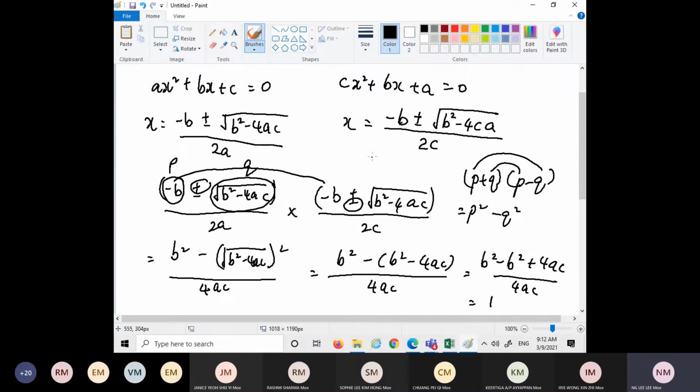But this part only, the plus minus and plus minus, you can explain in this way: here I take plus, the other one I take minus. Then here, if I take minus, the other one I take plus. Then you will get this answer. If you take both plus, then both minus, you will not get this answer.